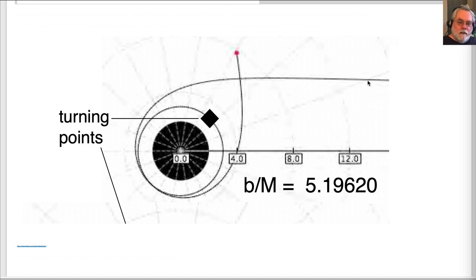So light started out this way, and an observer saw it coming in this direction. And this can happen from light coming from any direction and escaping to any direction.